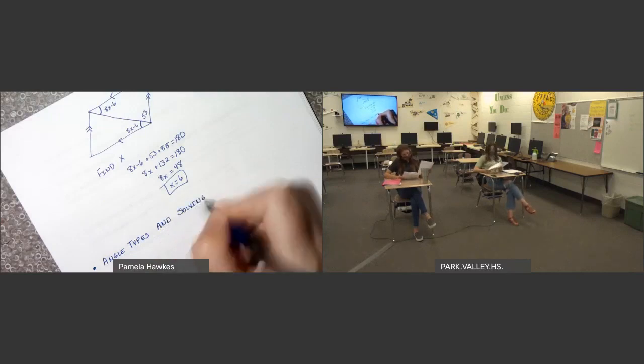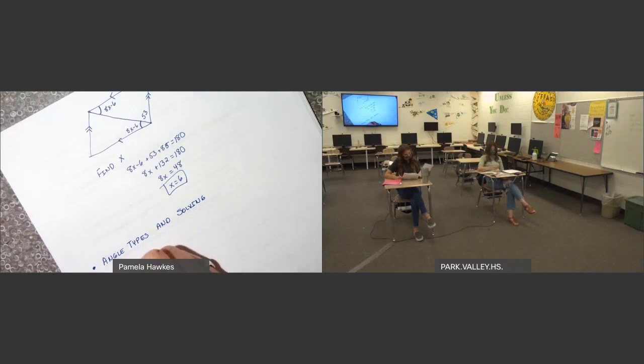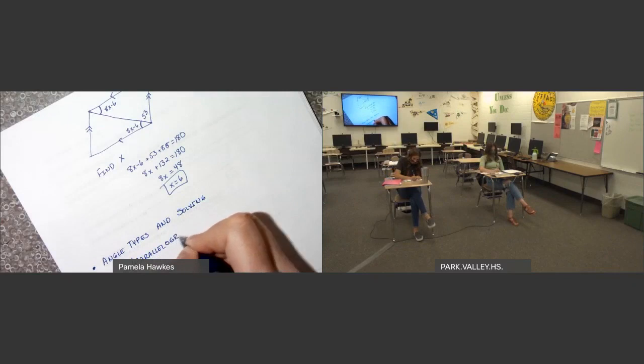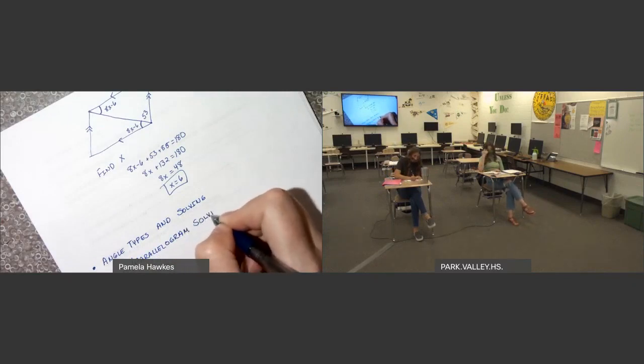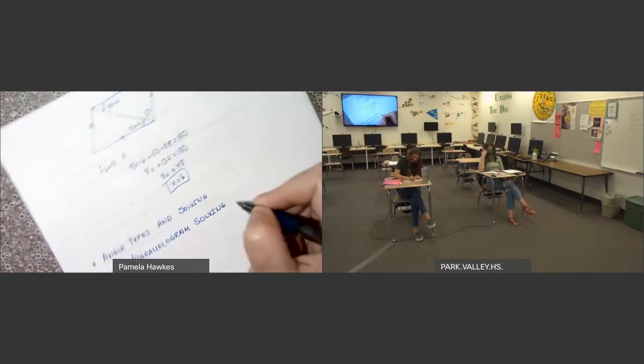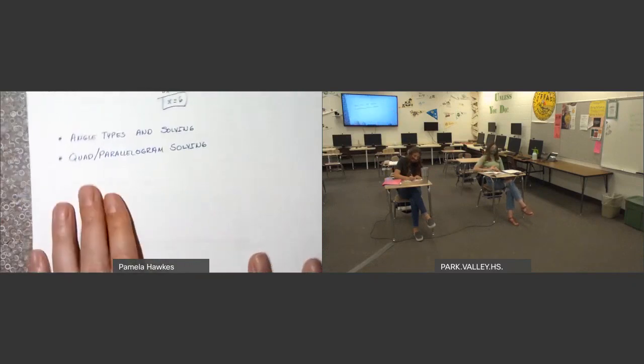And the other one was quadrilaterals, specifically parallelograms, and solving for specific things. Okay, so those are our 2 bells.